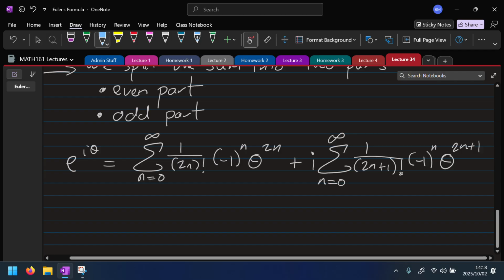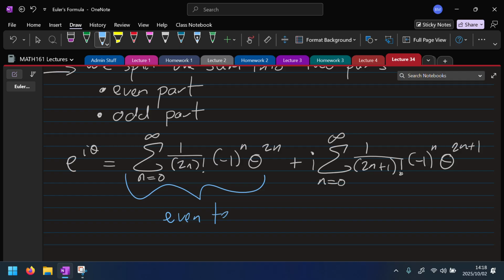Okay, so in blue here, this is all of the even terms. And then here we have all of the odd terms. And then the i we took out to the front. But what is that even part? What is that the Taylor series of? It's cos.